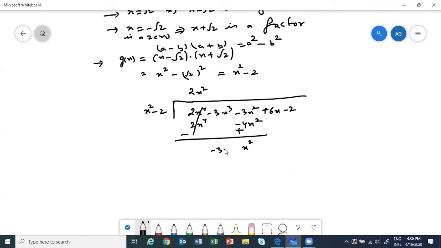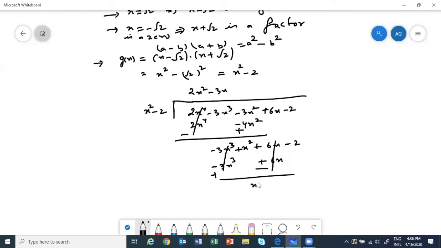So minus 3x cube. What is the sign here? Plus. Plus 6x minus 2. Now what? We'll have minus 3x here. So I'll get minus 3x cube and plus 6x. So again change the sign.